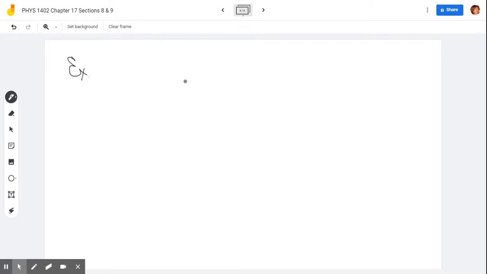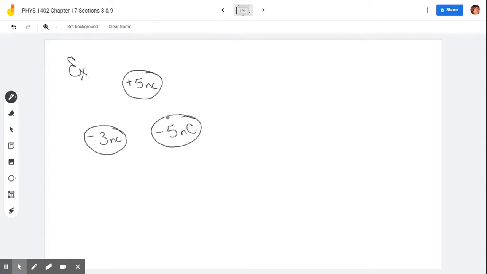Let's look at a different example. Suppose we have three charges. We have a charge of positive 5 nanocoulombs. We have a charge of negative 3 nanocoulombs. And we have a charge of negative 5 nanocoulombs. And I want to draw 3 different Gaussian surfaces, so I'll use 3 different colors.